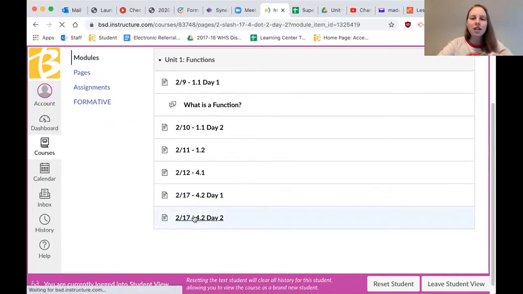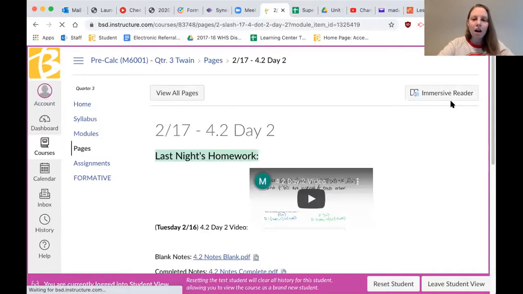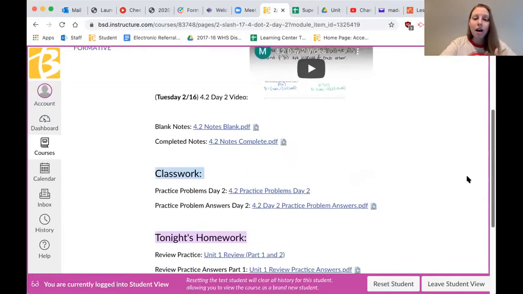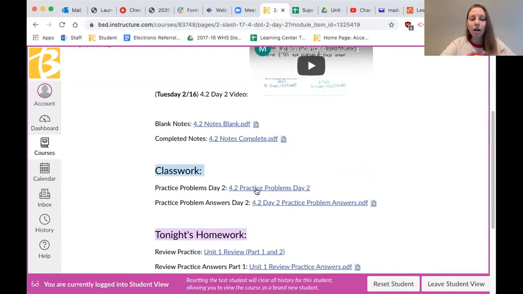So 4.2 day 2. You should have watched the 4.2 day 2 video last night. It was more continuation about inverses and proving things are inverses through composition. Today's classwork, we're going to be working on the 4.2 Go Formative. I think it has 7 questions. We're going to go over, I think, 4 of them. So this is what we're working on today. Here's an answer key if you want to take a look at that.